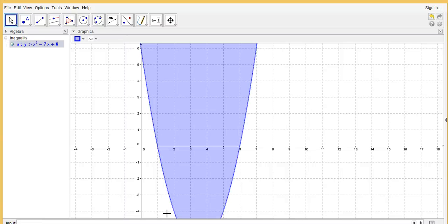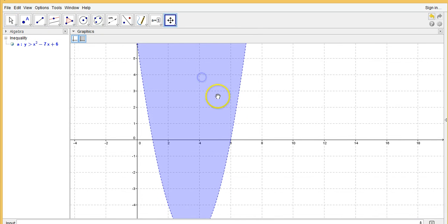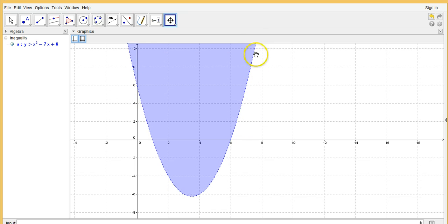And when you do that, notice we get the inequality that's shaded with the interior of our parabola. And it creates that dotted line for us already because we had greater than with no equal to. So GeoGebra will also go ahead and take care of our graphing features for us as well.